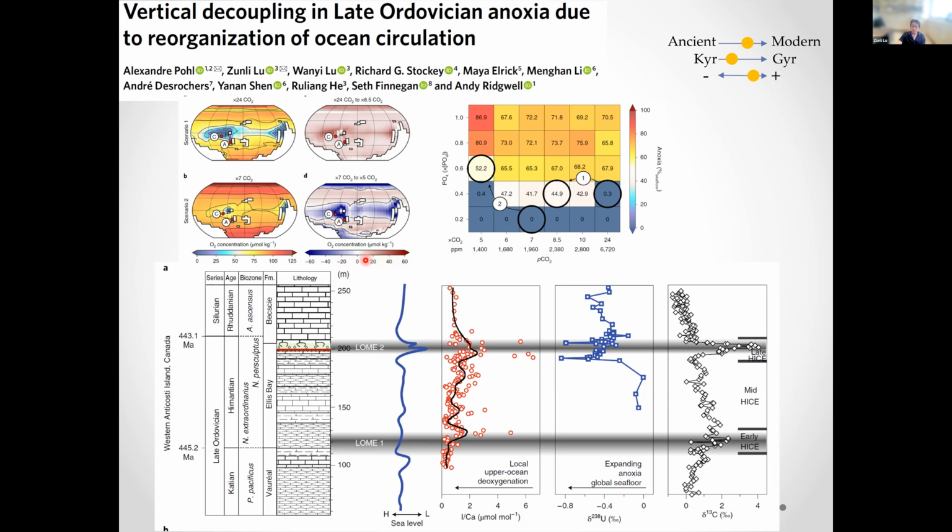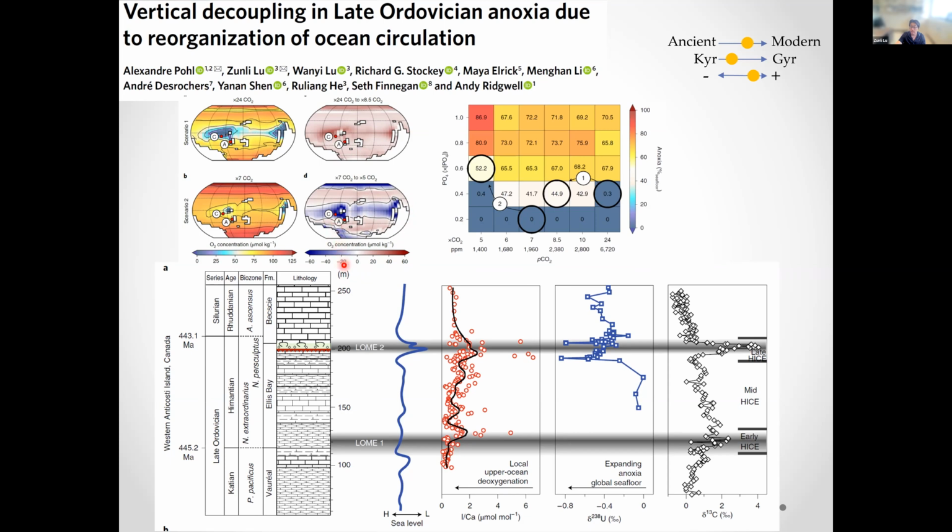The way you want to read this graph is, if it's a warm color, it shows the O2 in the upper ocean increased during this event. And then this is the opposite: in another scenario, your upper ocean O2 actually decreased during the cooling.